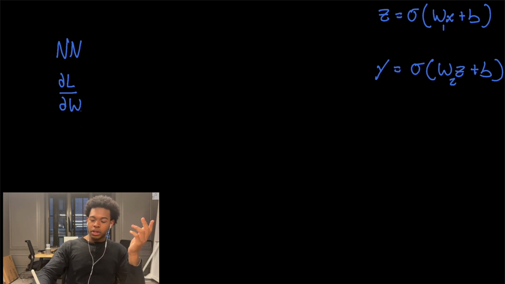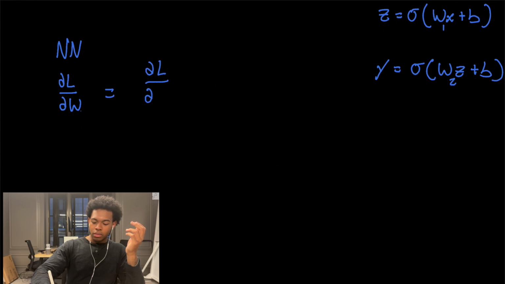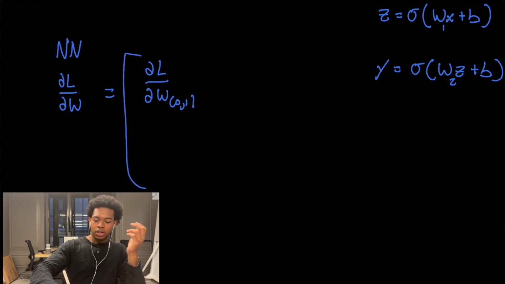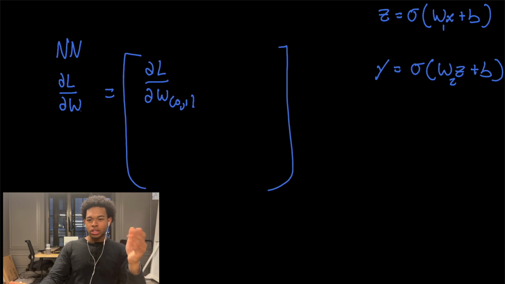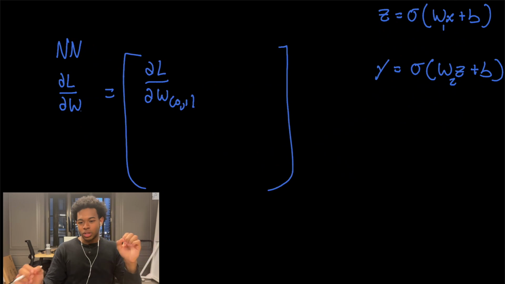Because the gradient of loss with respect to W is going to be something like the gradient of loss with respect to W01 or 10 or whatever, and then it's going to expand. That's what that would look like, I'm fairly sure. And who cares? Because that's just what it's going to look like.